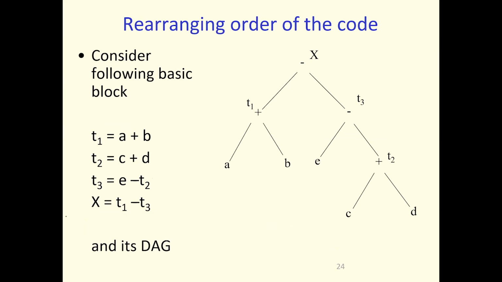I have a few statements which do not have any sharing, no expression reuse. So I end up with a tree, and for such a tree you are not going to get any benefit from using a DAG. Which means when you generate code for such a tree, it does not matter whether you use a DAG to optimize it or not.